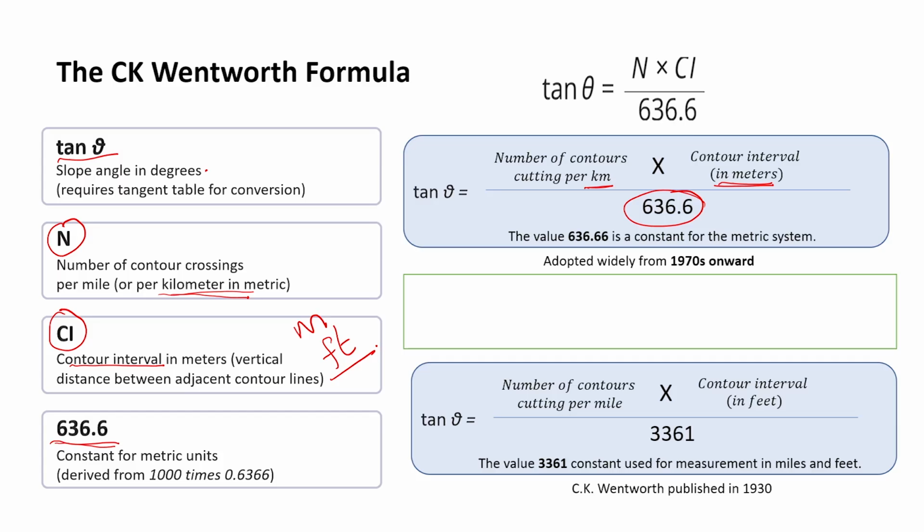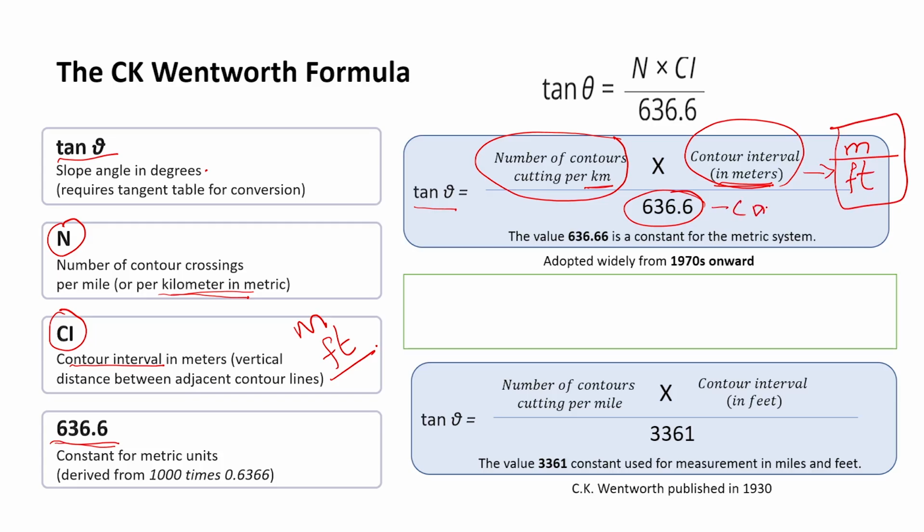So, the formula is the value of tan theta is derived by multiplying the number of contour cuttings per kilometer multiplied by the contour interval in meters, which is almost always provided to you, divided by the constant value. So, how do we arrive at the constant value?